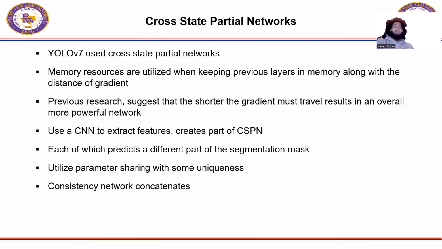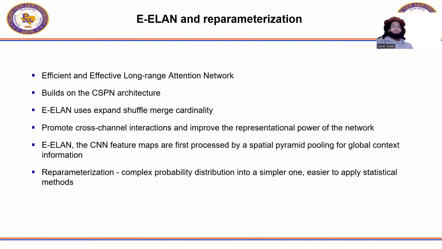We use a CNN to extract features and create parts of the cross-stage partial network, each of which predicts a part of the segmentation task. And they also utilize parameter sharing with some uniqueness, and the consistency network concatenates.